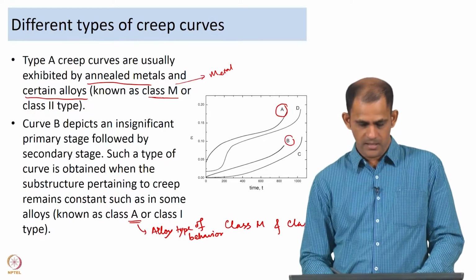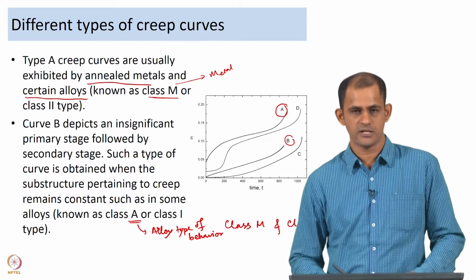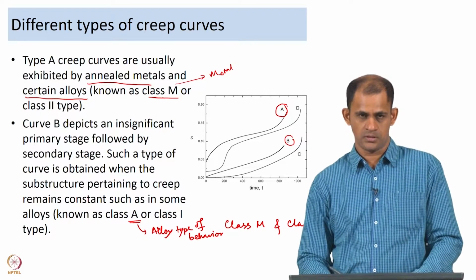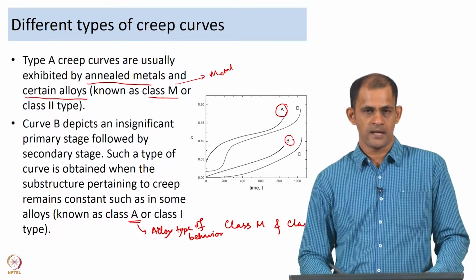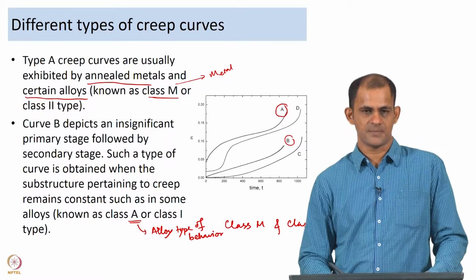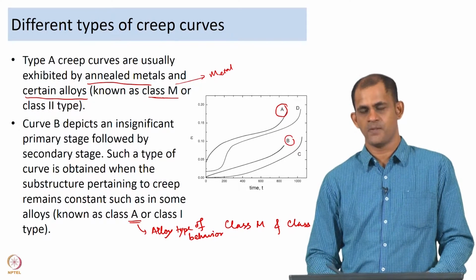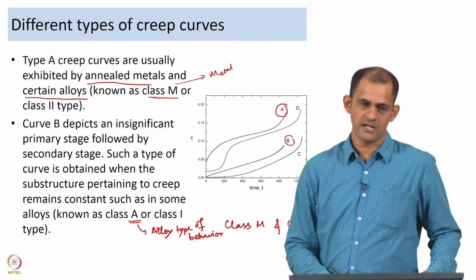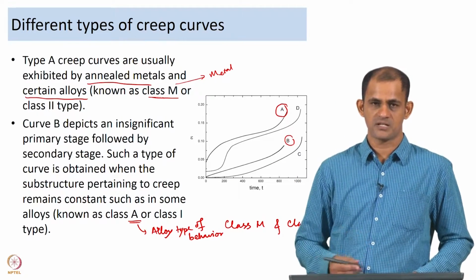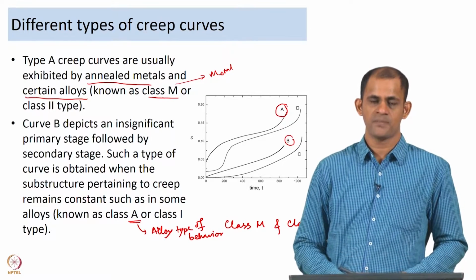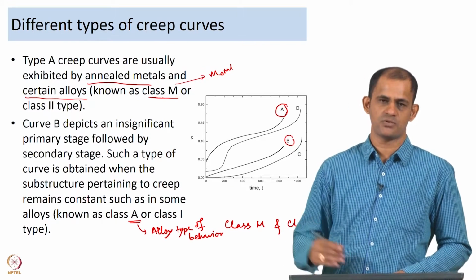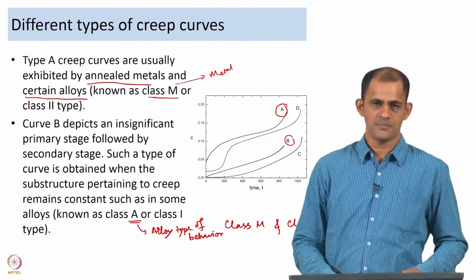So, creep curve B is generally seen in alloy type behavior, when the alloy is known as class A type of alloy, and the thing to note here is that this type of curve is obtained when the substructure pertaining to creep remains constant. At the beginning of the creep lectures we were talking about how during creep deformation the substructure is evolving, especially in the primary creep stage, and it finally stabilizes, and when it stabilizes, that is where you start seeing the secondary creep stage.